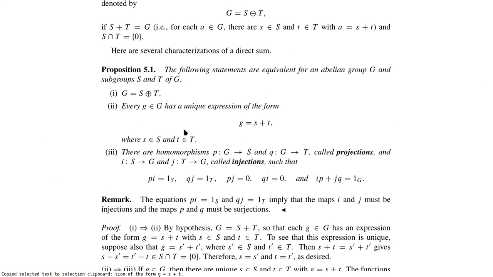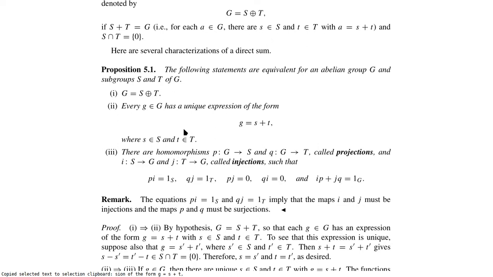The other thing is that if you have such a direct sum, then there are homomorphisms that take you from the abelian group G to the subgroups S and T. They're called the projections, just like the typical projections we have met in categories and at other places. And you have injections, which are basically inclusions.